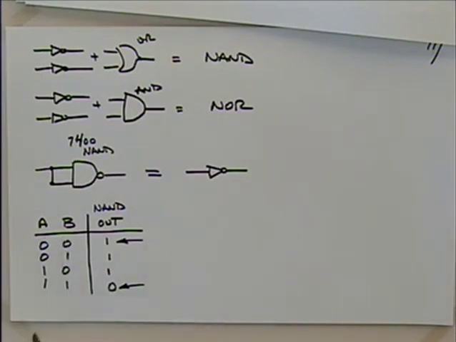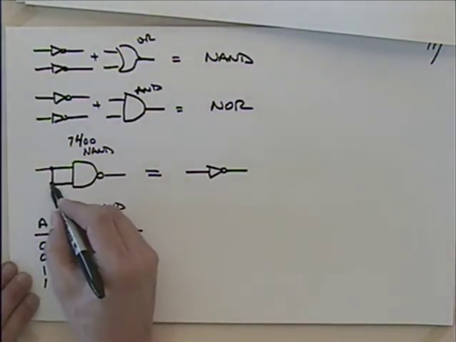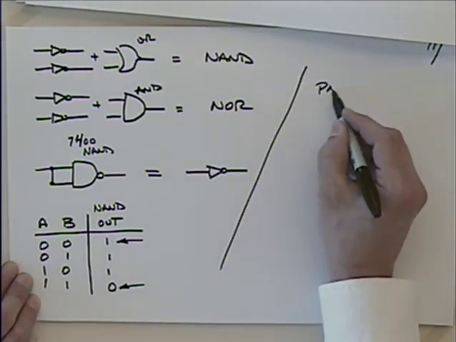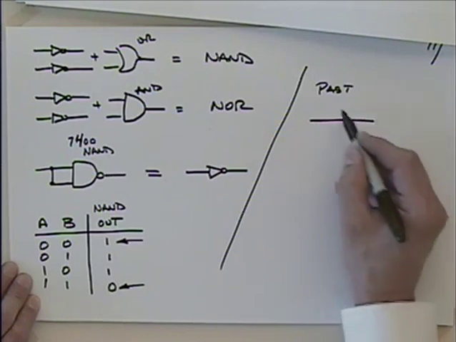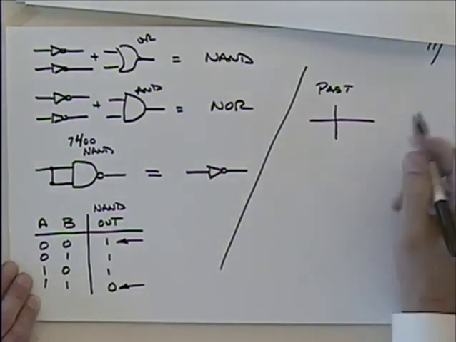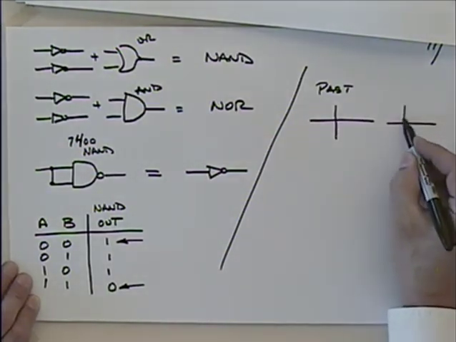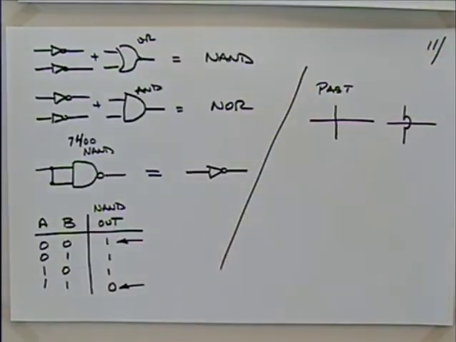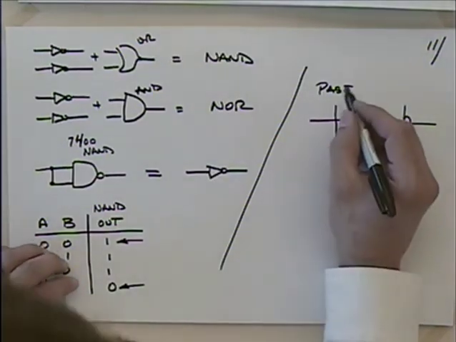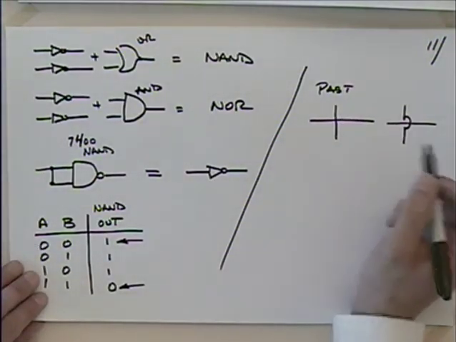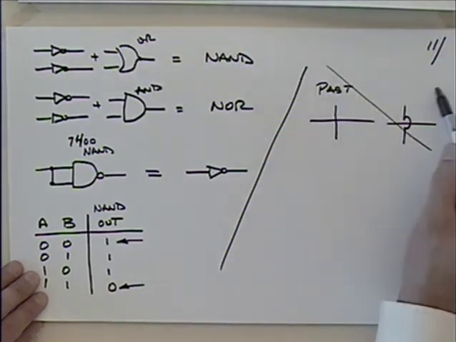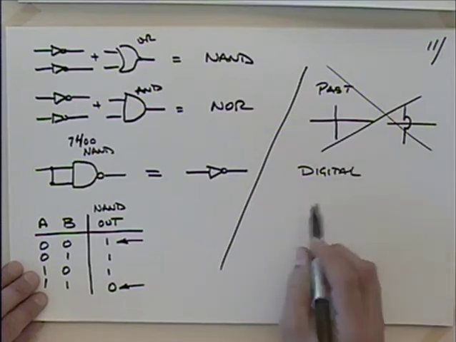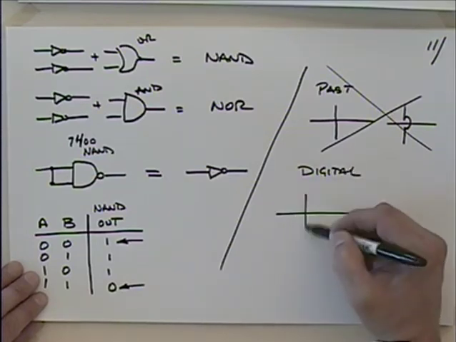One thing I probably should have mentioned earlier, I talked about this connection here. In the past, when we had two wires that were crossing each other, we usually made a big deal about whether they were touching or whether they jumped over each other. We're going to have a lot of wires in these circuits that are crossing each other, so we're probably not going to do this that much. What we will do in our digital work is if they don't touch, it'll be like that.